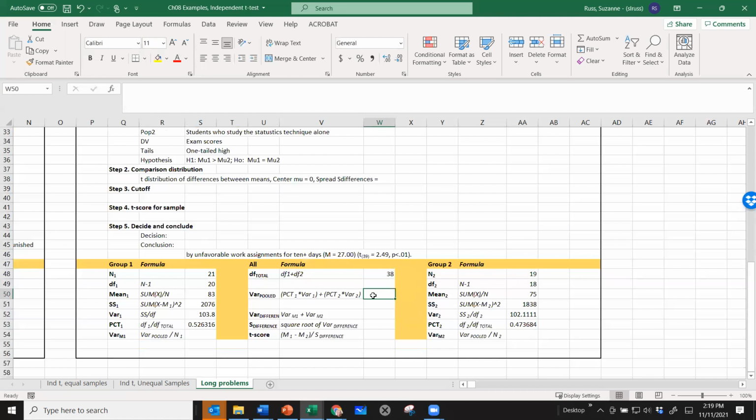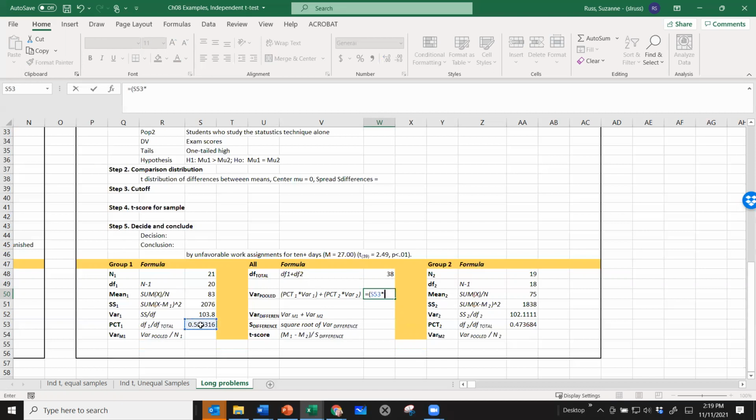What we're going to do, as you can see in the formula, is take the percent that we calculated for 1 times the variance for group 1 and add it to the percent for group 2 times the variance for group 2. We can do that quite easily. Let's type equals and put our first calculation in. Equals, here's our parenthesis, and we'll get the percent 1 by clicking in it.